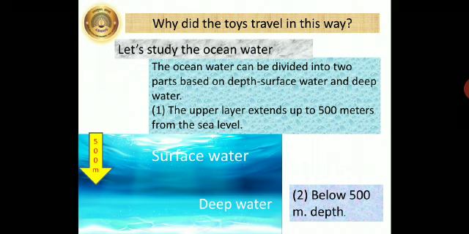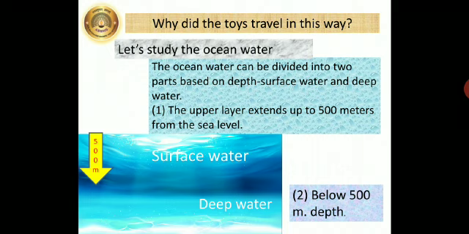If you see, the ocean water appears to be one single part, but it is divided into two parts based on its depth, that is surface water and the deep water.